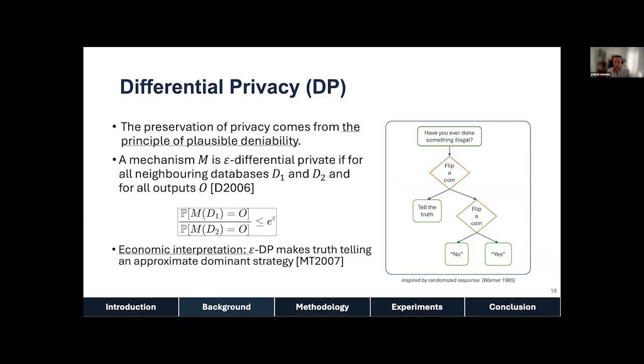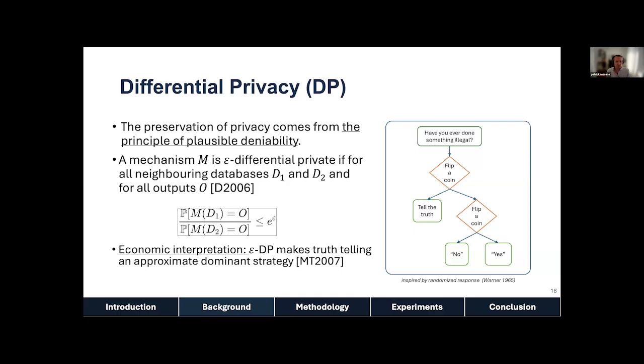In this way, if that information ends up in a database, you can always deny that you answered truthfully. Actually, only 3 times out of 4 will you give the right answer. And so this is what we call the plausible deniability principle. Differential privacy is based on that principle. Cynthia Dwork generalized that idea.